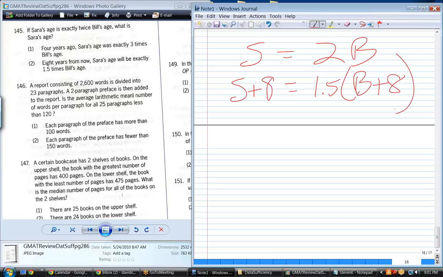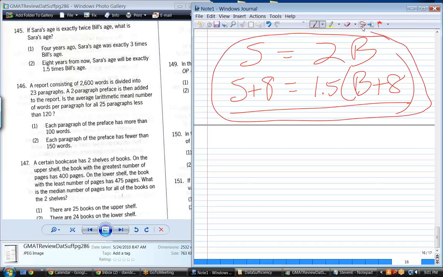Not that we need that. In other words, not that we need to be exact, because even without this 8, it still tells me I can solve it. And there can only be one solution when you have 2 equations and 2 unknowns, for S and B.